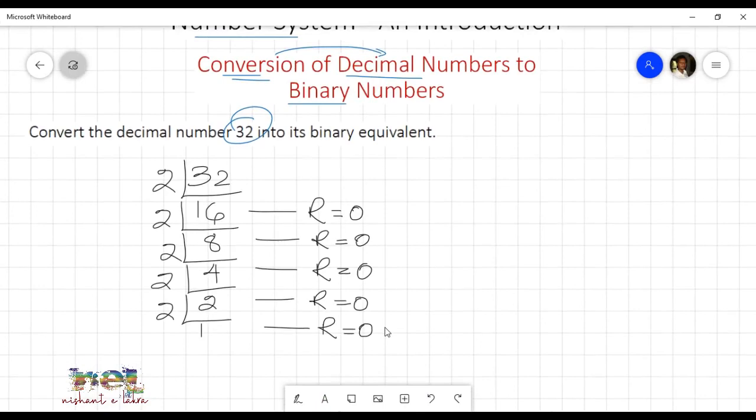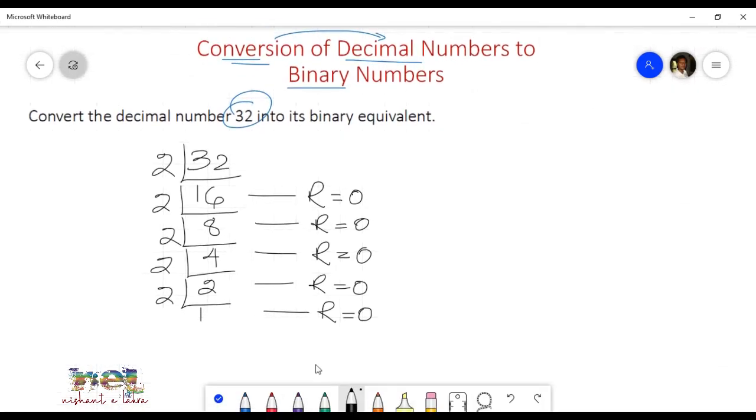The remainder is 0. Now we cannot leave that 1 alone. We have to divide 1 by 2, so in that case, we have to multiply 2 with 0. And whenever this happens, I told you that R will be 1.